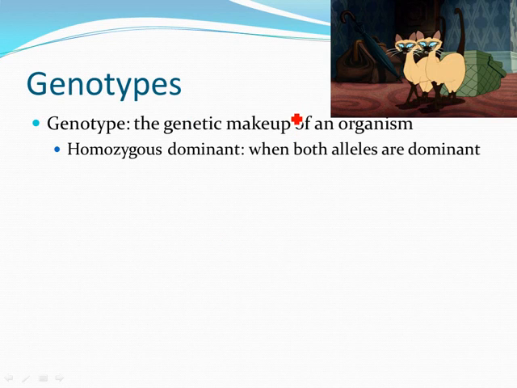In our example, with the capitalized R as the dominant allele and the lowercase r as the recessive allele, what would be our homozygous dominant genotype? Exactly, capital R, capital R. Homozygous means it's the same, so when we're saying the same dominant, we have two capital R's.